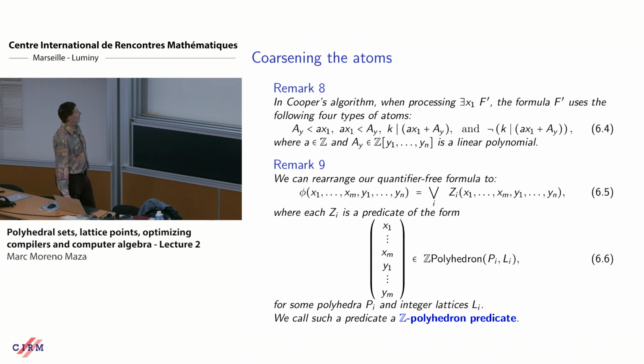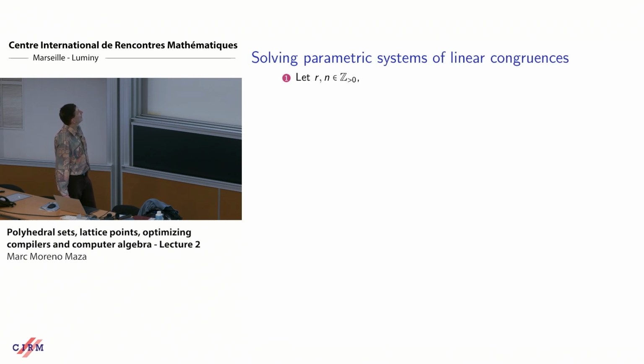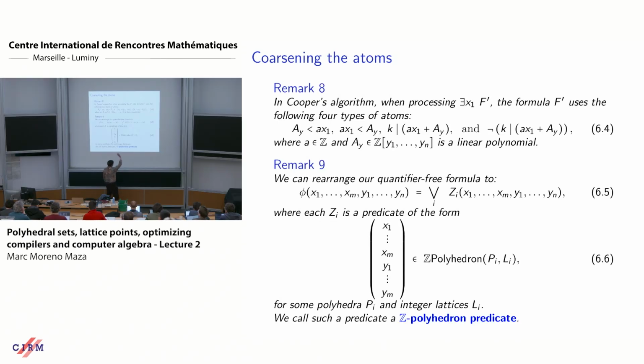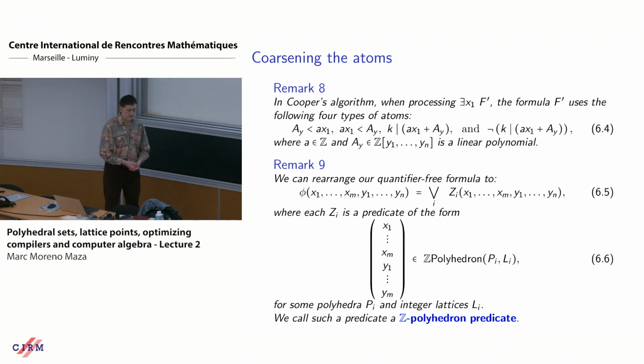So this is what we have to deal with. Maybe I should go back just to keep in mind: in that Z part, we have linear inequalities, large inequalities, and then we have congruences or divisibility relations. So first, we want to deal with the divisibility relations. Of course, we are going to use Hermite normal form.